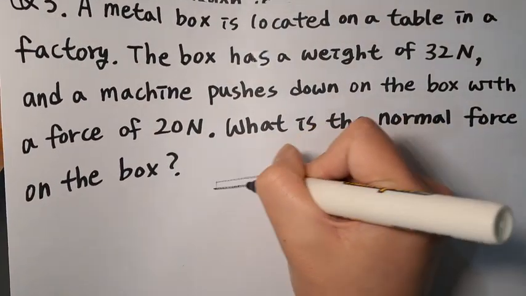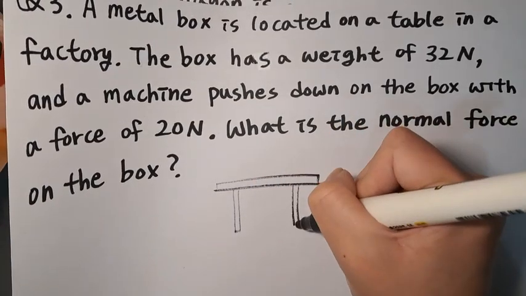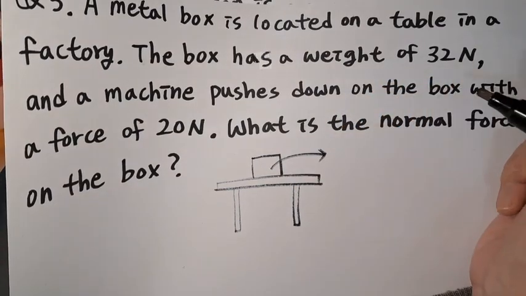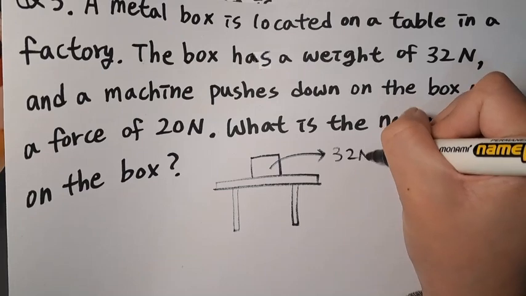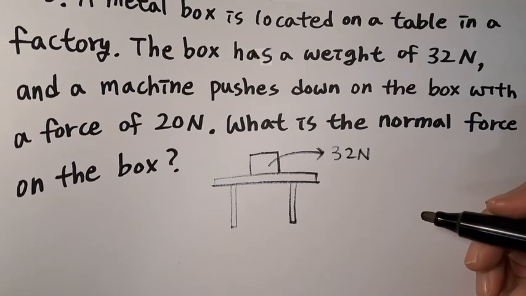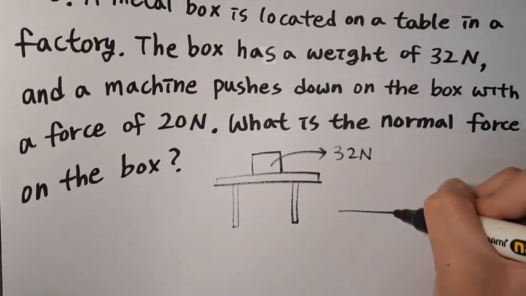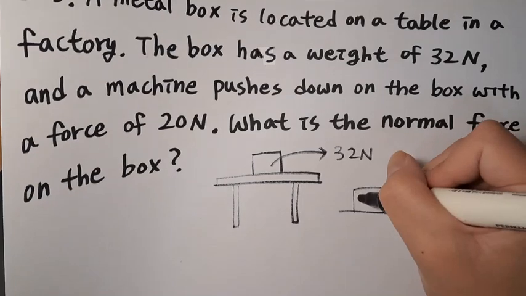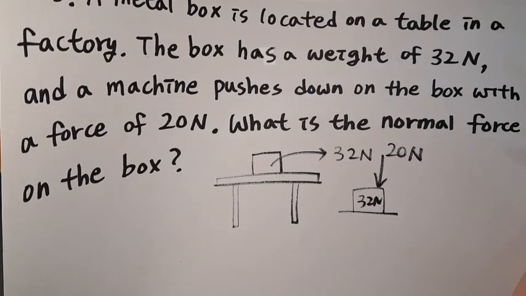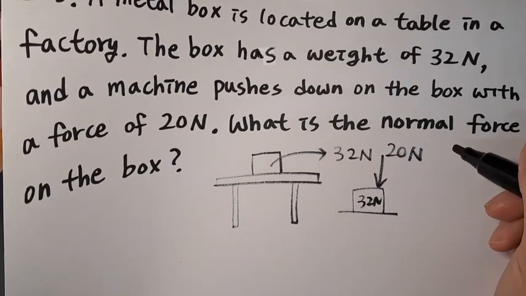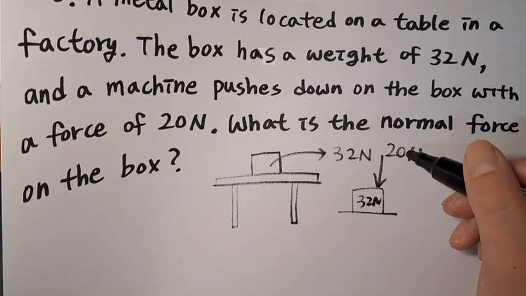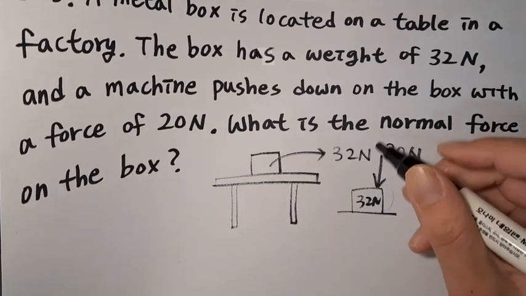So this is the table, and this is the box having 32 newtons weight. The box's weight is going to be 32 newton, and the force is going to be 20 newton, and we are going to push down this box.